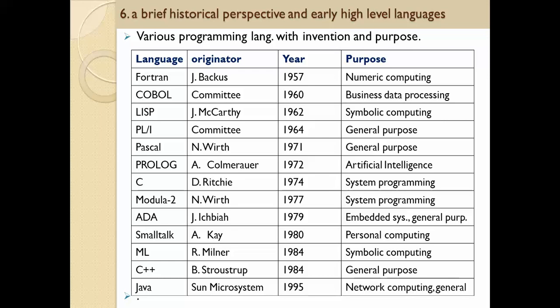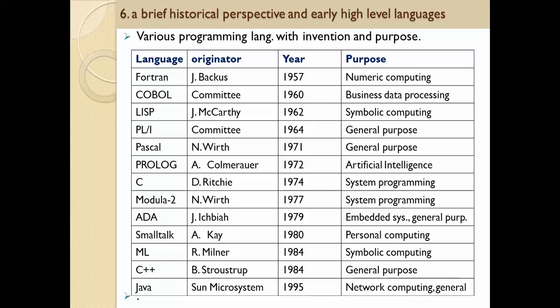So next one is a table. It shows various programming languages with their invention and purpose: what is the purpose of each language and when it was invented. First one is Fortran, invented by John Backus in 1957, and its purpose is numeric computation. Second one is COBOL, invented by committee members in 1960, used for business data processing.